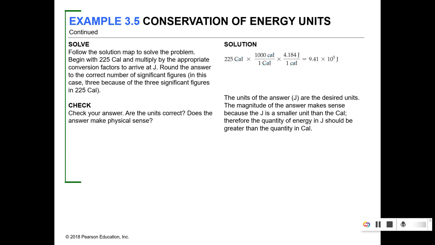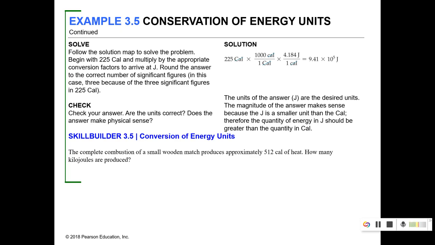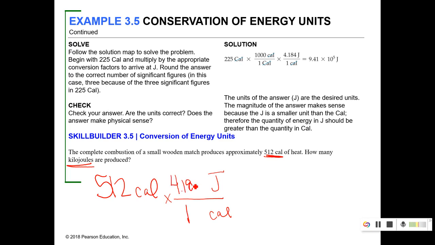Okay, so they already worked that one. So we want 512 calories, and they want it in kilojoules. So we're going to do 512 calories times, remember, calorie has to go on the bottom, and we can go directly to joules because this is a small calorie. So 1 calorie is 4.184 joules. Cancel our calories.